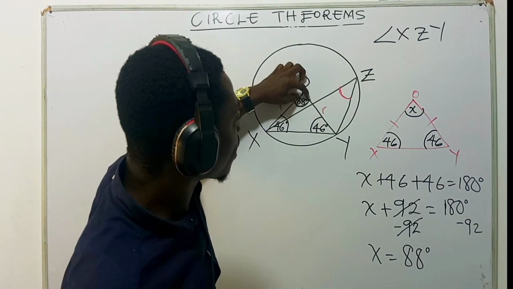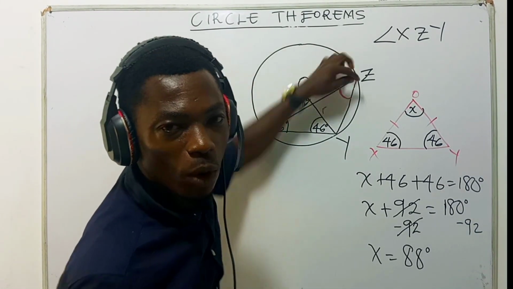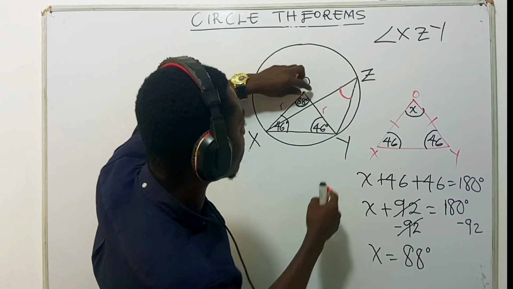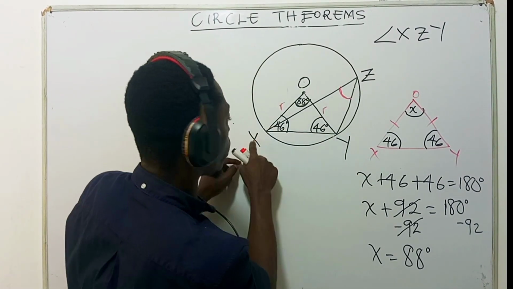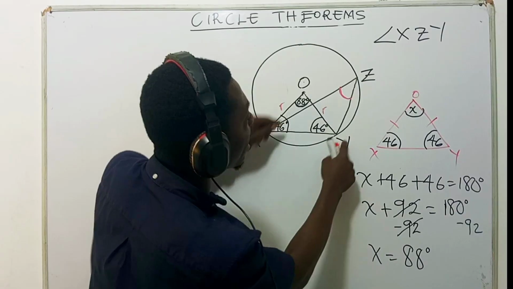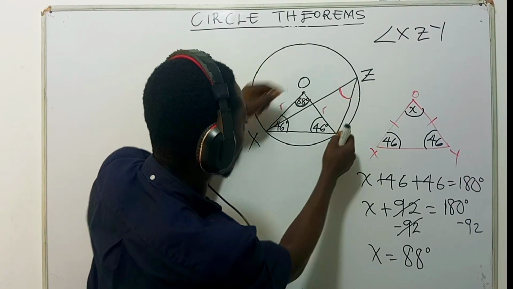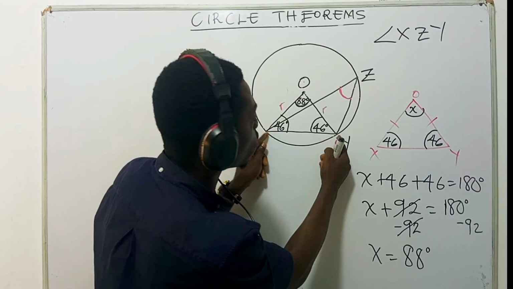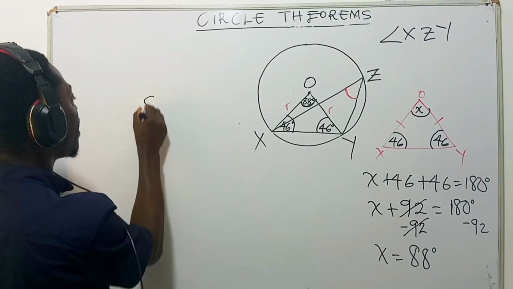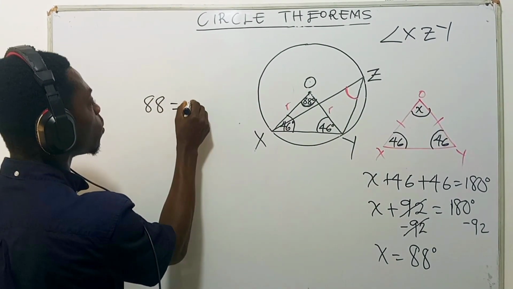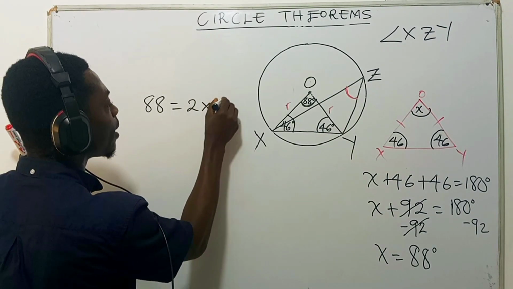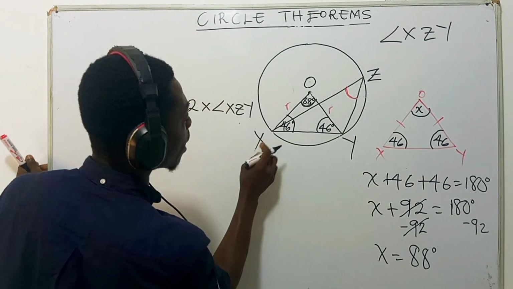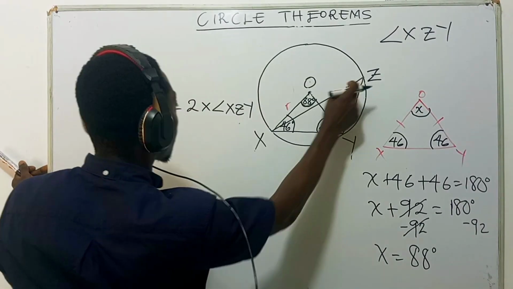Now, we have this and we are looking for this one. What connection is here? This angle right here, which is 88, was formed by this chord XY. All right. And then the angle we are looking for over here was also formed by the exact same chord XY. So right from here, we have 88 equal to 2 times angle XZY, meaning this angle right here.